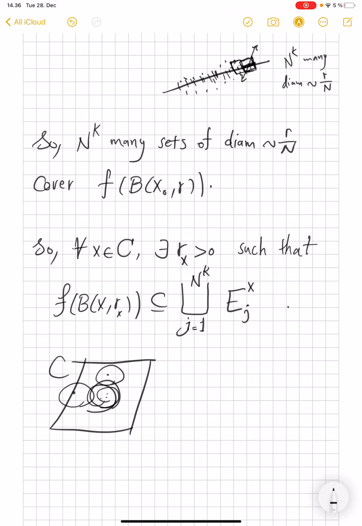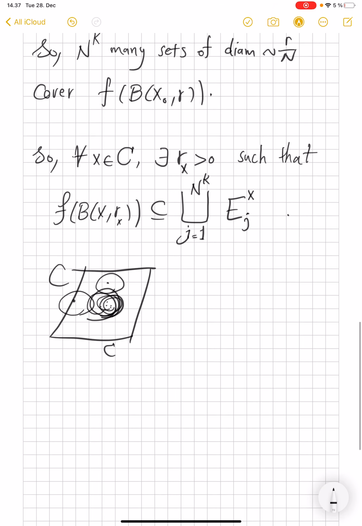But this can be too many overlaps here, because for every single one, you do that. But fortunately, we have Vitali's covering theorem. So Vitali's theorem says there exist countably many of these.